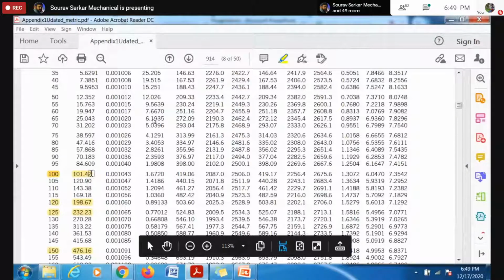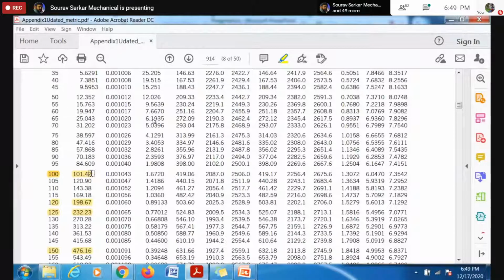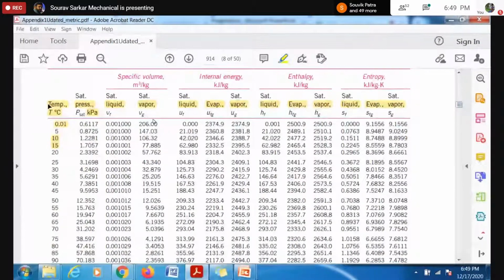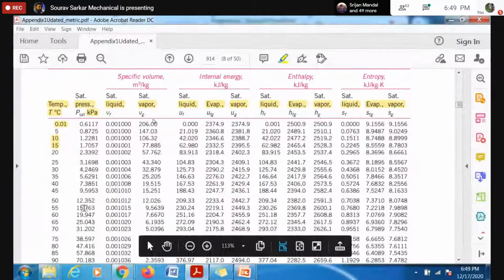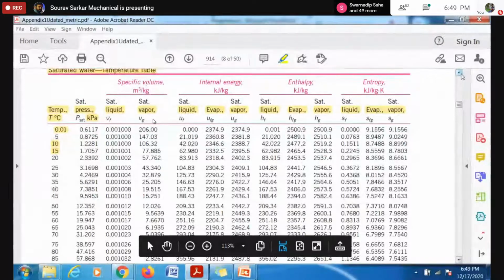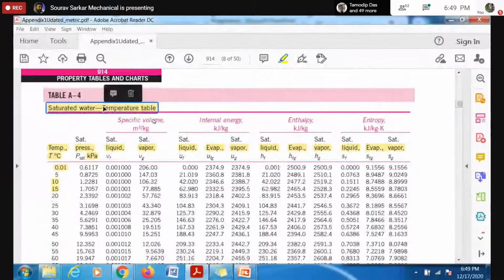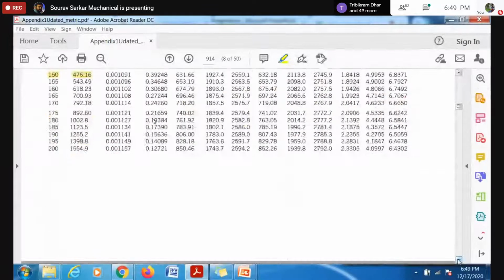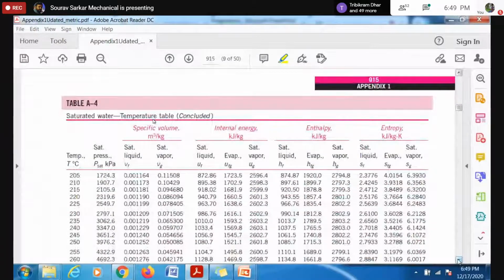So basically what I'm trying to say is that these two columns are interlinked. Each column represents the saturation temperature corresponding to that saturation pressure. I told you in the beginning that this is the temperature table. If you go to the next page, this is also the temperature table.